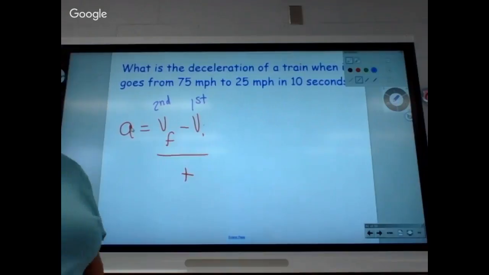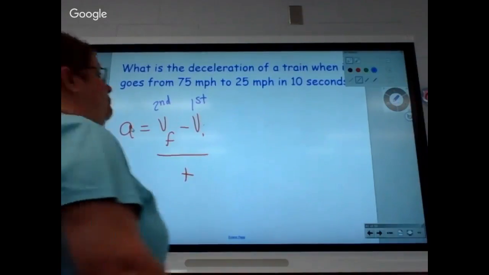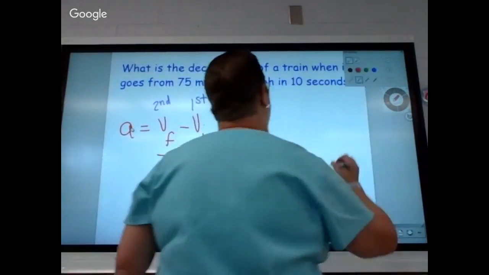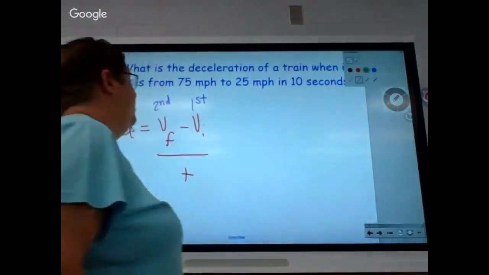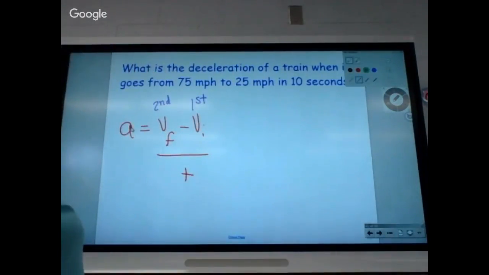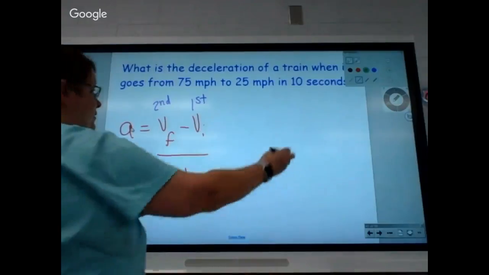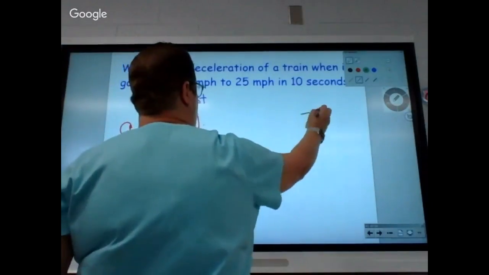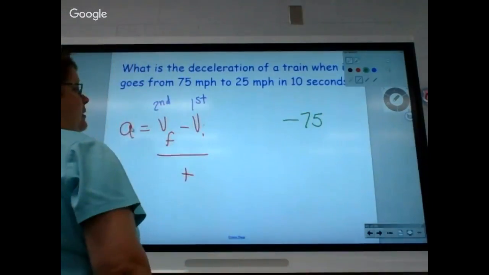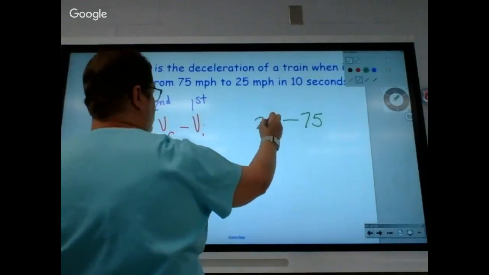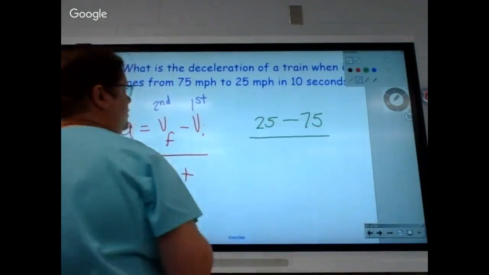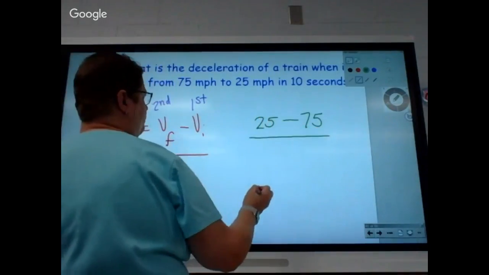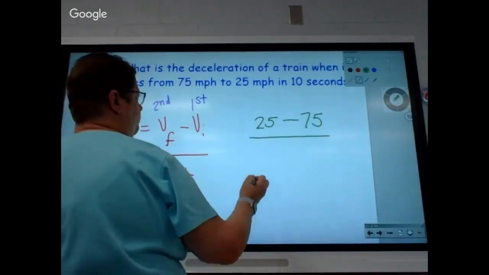Okay? So, if you do it correctly, who is the first velocity? 75. Who's the second velocity? 25. Over, what's my time? 10.